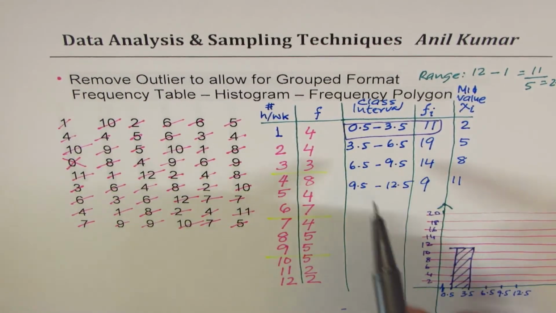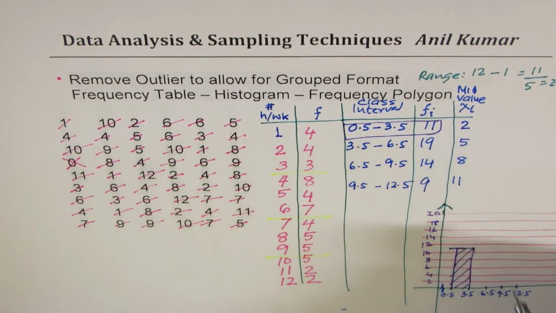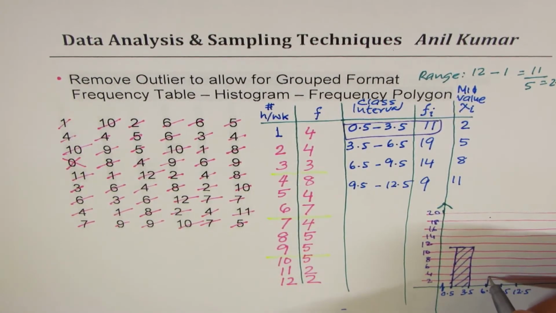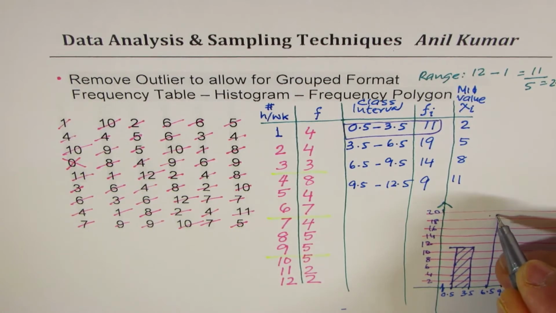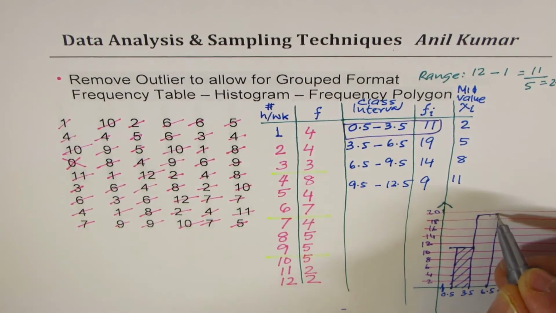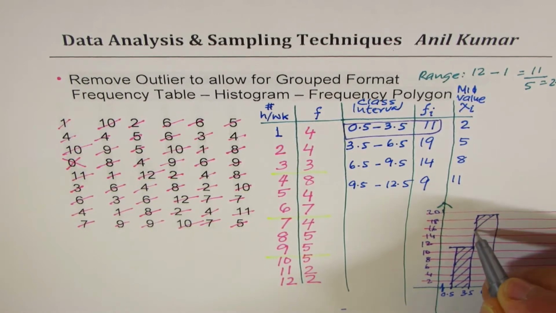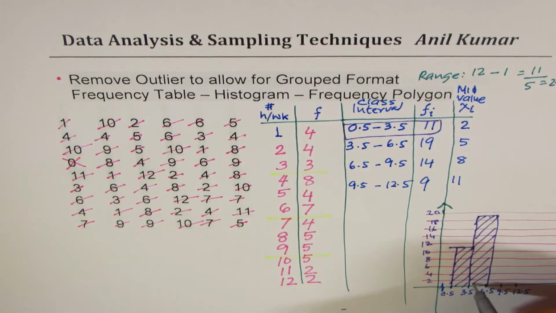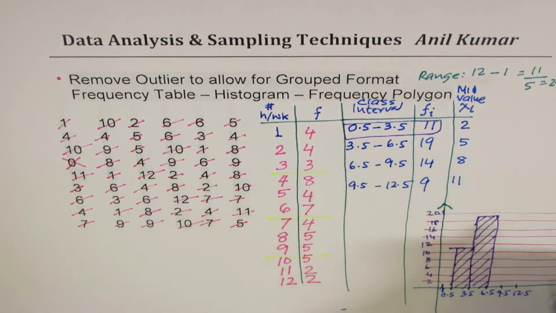Now 3.5 to 6.5, it is 19. So 19 is kind of here, so we can go up, extend, 19. Then we have 14.